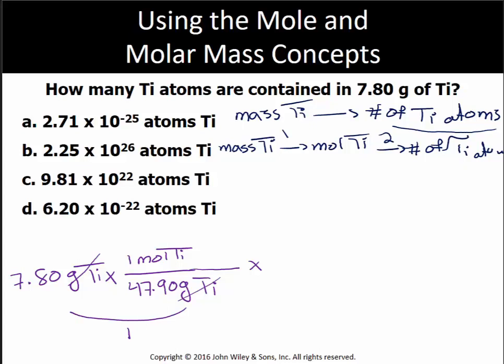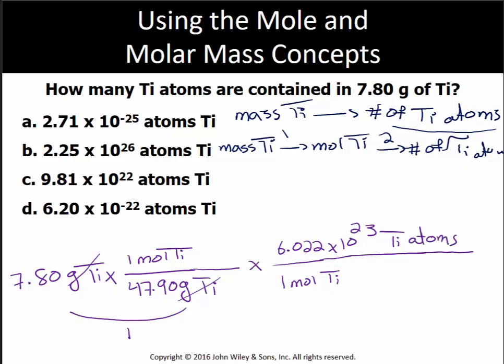Now, from moles of titanium, I want to go to the number of titanium atoms. For that, I'll need to use Avogadro's number. So each mole of titanium contains 6.022 times 10 to the 23 titanium atoms. Now, moles of titanium cancel out. Look at our unit.